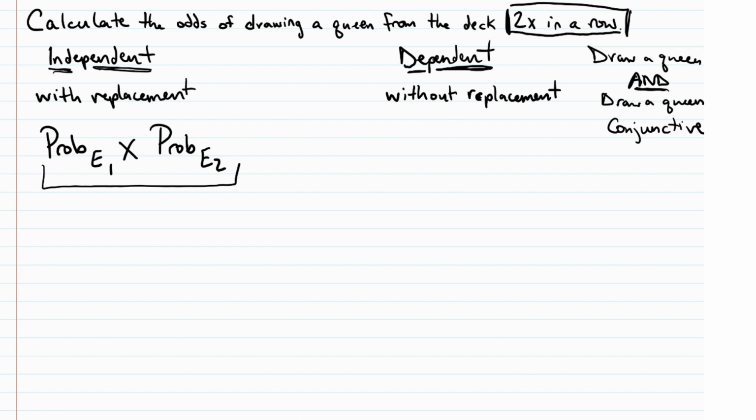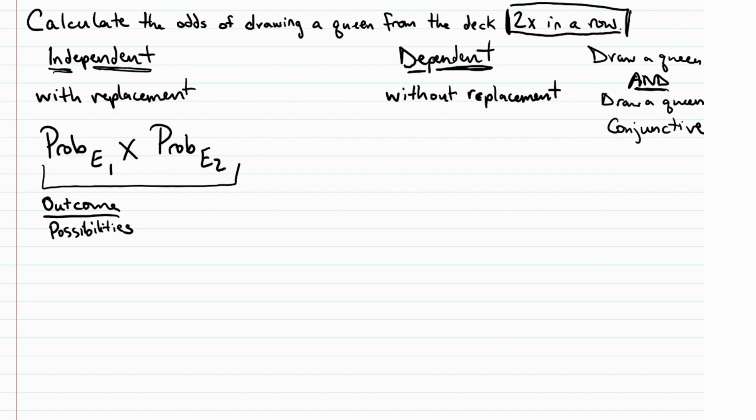Well, so how do we know what the probability of drawing a queen is? Remember our probability formula from the very beginning: probability is just the outcome you want, your successful outcome, over your total number of possibilities, over all your possibilities, right? If we think about the very first draw, we want to draw a queen.